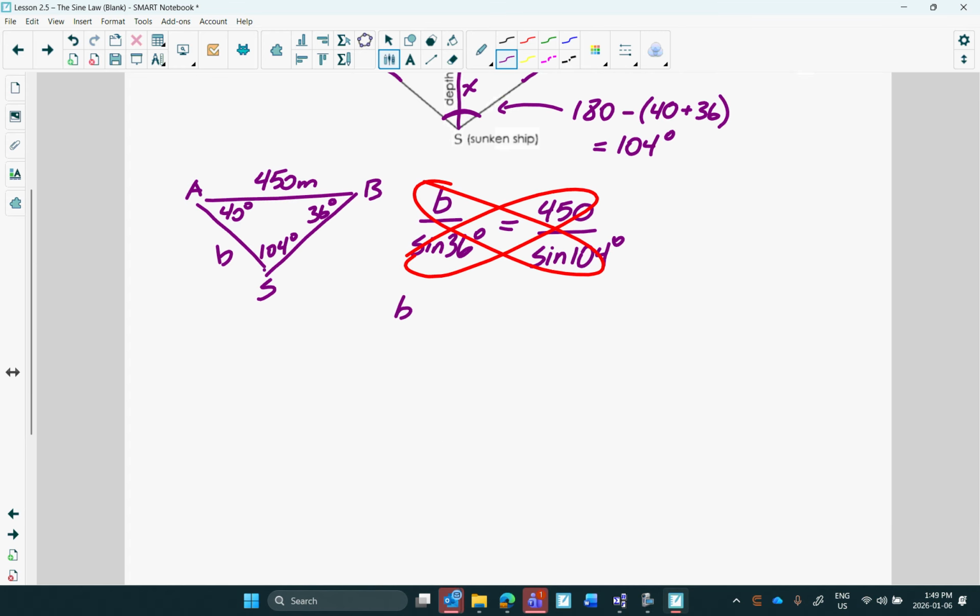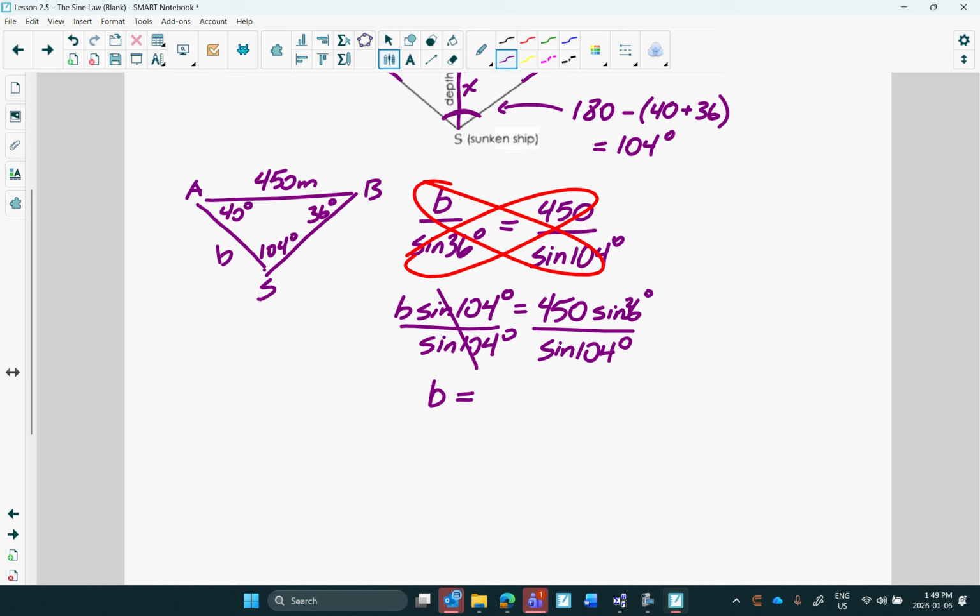So we go B times sine 104 is equal to 450 times sine 36. Divide both sides by sine 104 to get B by itself. And B works out to approximately 272.6.